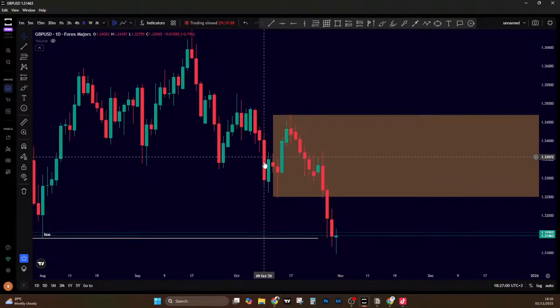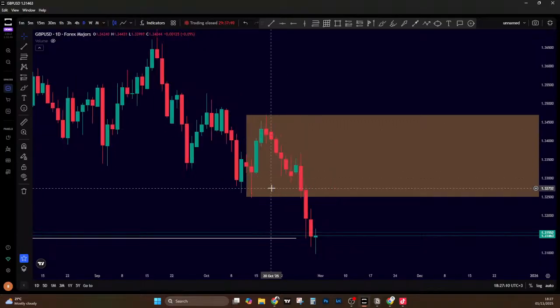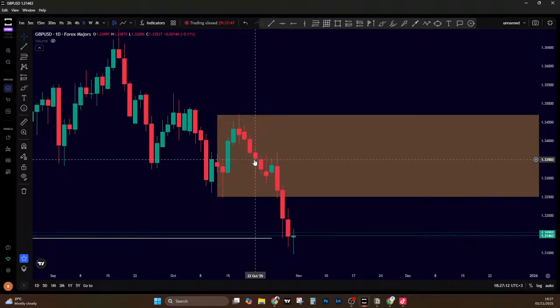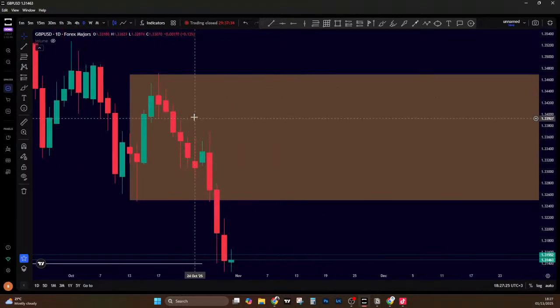You see this breaker block here, the last sell before this buy, or even this one. That is where I would want to refine my entry. So instead of going up to this area, because I don't see a reason for this market to come up until this area.